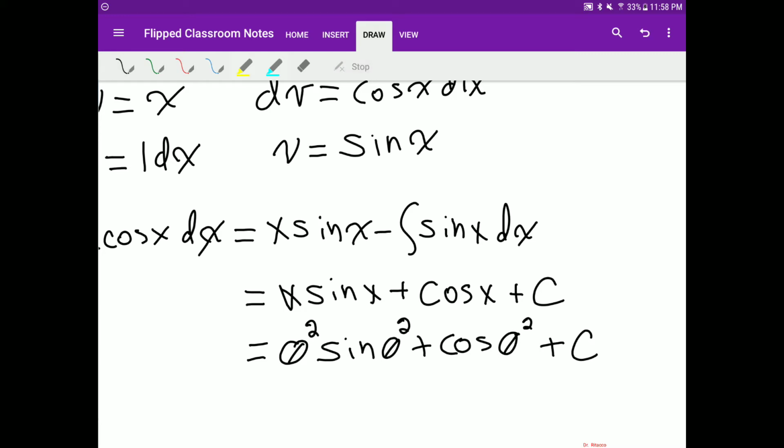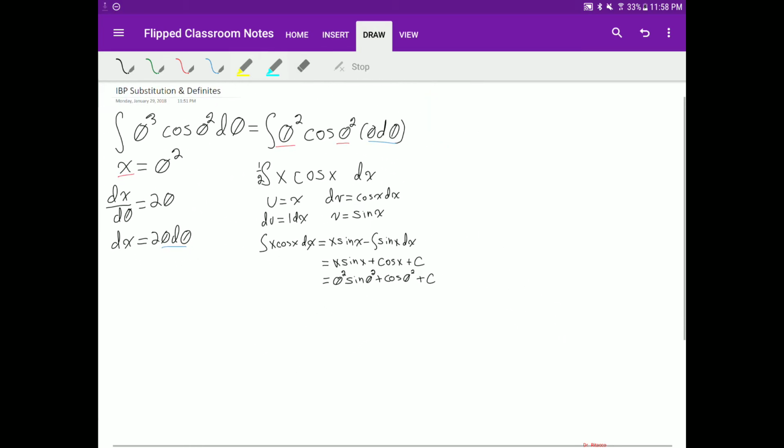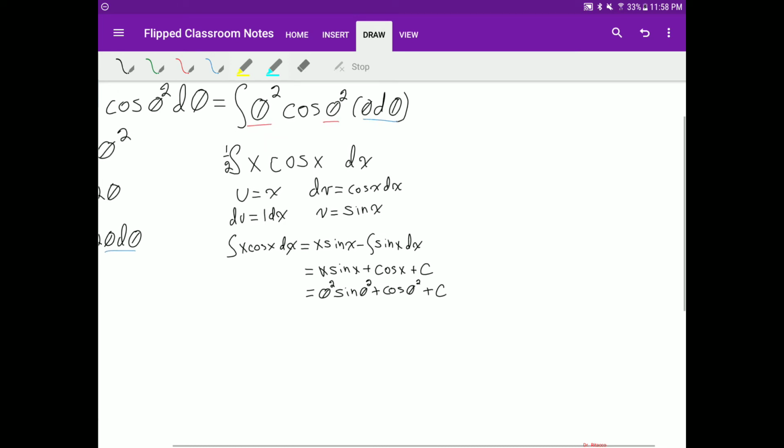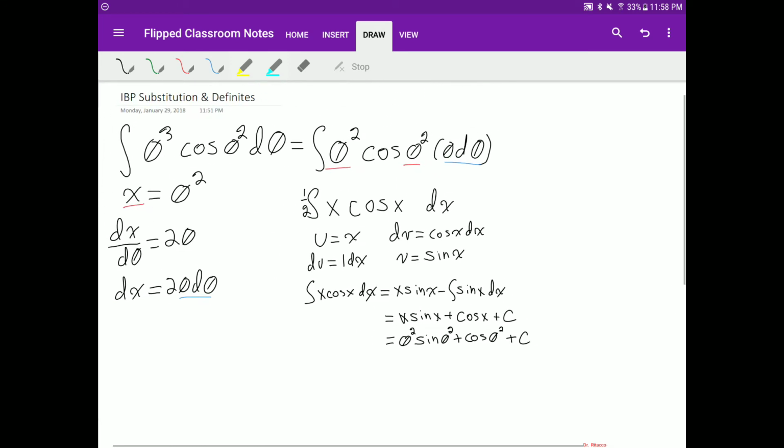Just like that. Alright, so you see a nice simple substitution. It's made a seemingly complicated problem a little bit easier. Okay, well, that's one case. Alright, take a nice look at that. Okay, you want to grab a screenshot or whatnot.